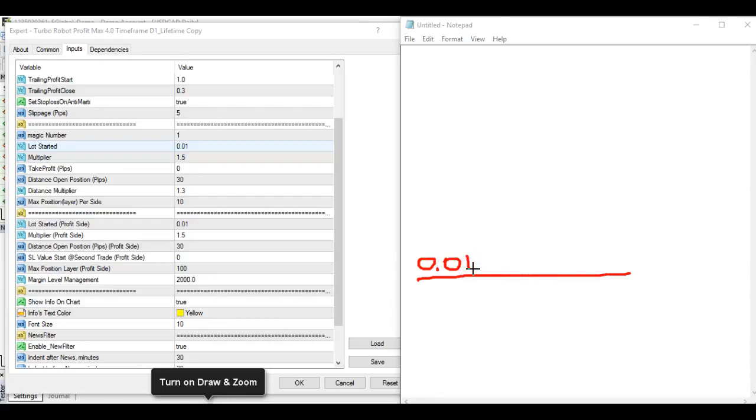The concept for this one is mainly on the earning portion. Earning portion means the moment you earn, it will multiply for you. This is called the profit maximizer. It means the moment you profit, you add more profit again. So that is how it is.